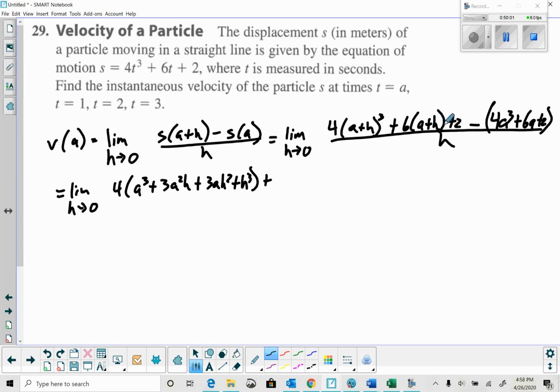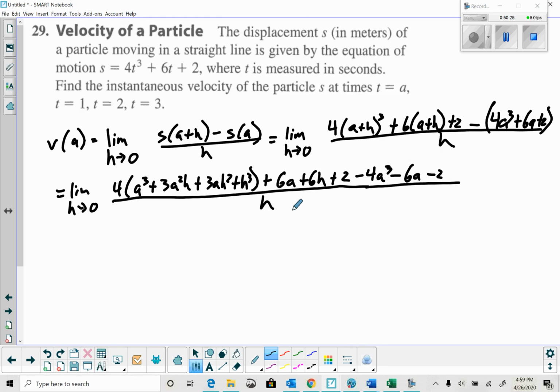And now, yeah, we can distribute that in a moment here. I'm going to get rid of the rest of these parentheses by distributing. So this will be 6a plus 6h plus 2 minus 4a cubed minus 6a minus 2 all over h. Wow.